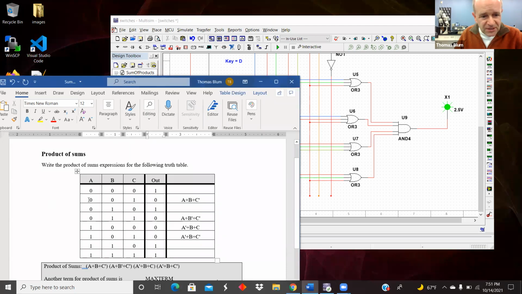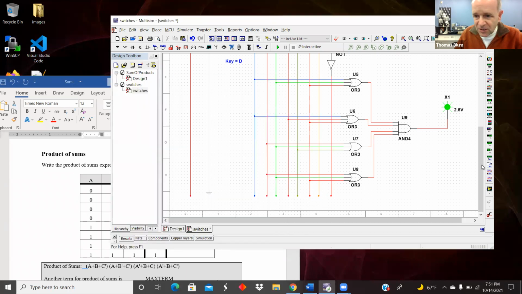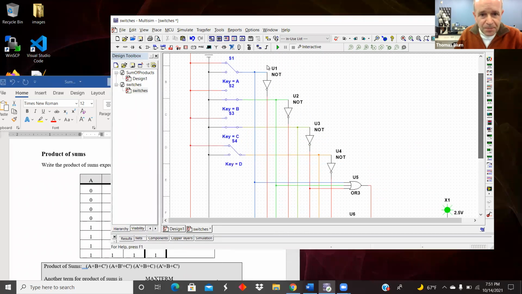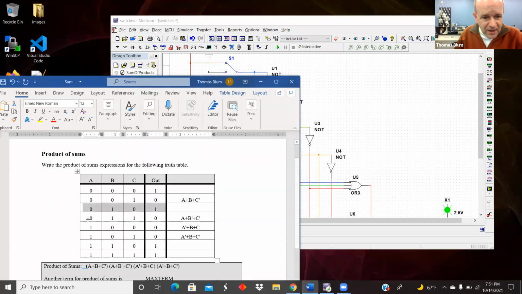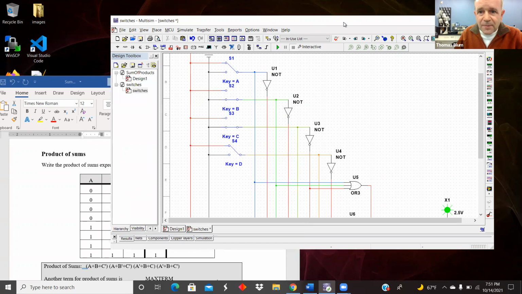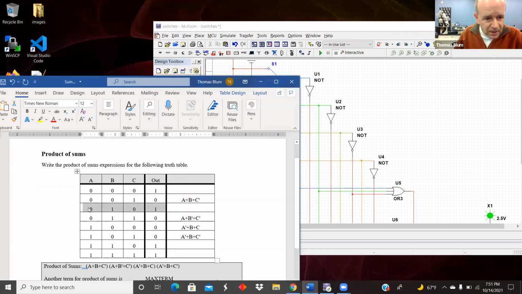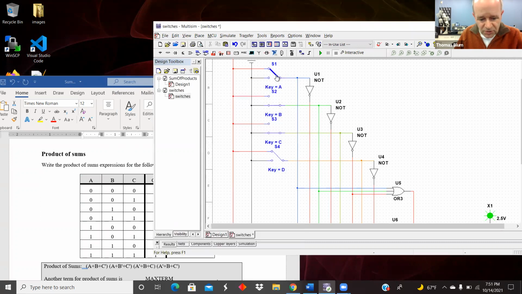Okay, and then we can test it if we want. Let's say we want to test this row where A is low, B is high, and C is low. So A high, which we have, and no, I wanted A low. Let's pick this one, A low. So I should switch the A low and the B high and the C low, which it is.